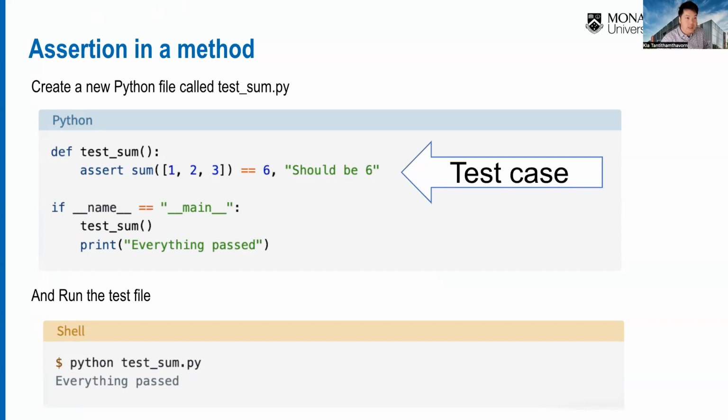Let's say if we want to write a test case in Python, we did before, we use the doctest, but right now we want to do the assertion here, right? So we can just write the assert function here and test something, run the test case. This is the easiest approach, okay?